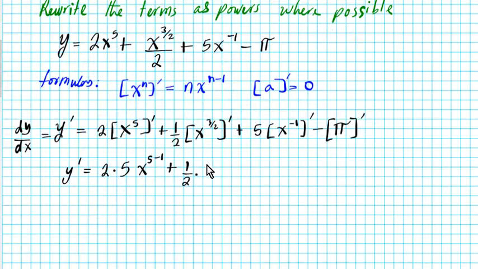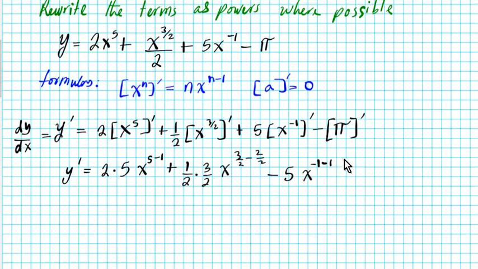If you power down 3 over 2, you multiply that by 1/2, x to the, you then mark down the power by 1. If I want to express 1 as an equivalent fraction with 2 as the denominator, 1 is equivalent to 2 over 2. And then, when I power down this negative 1, I multiply it by this positive. That becomes a minus. 1 times 5 is just 5. Negative 5, x to the, mark down the power by 1.